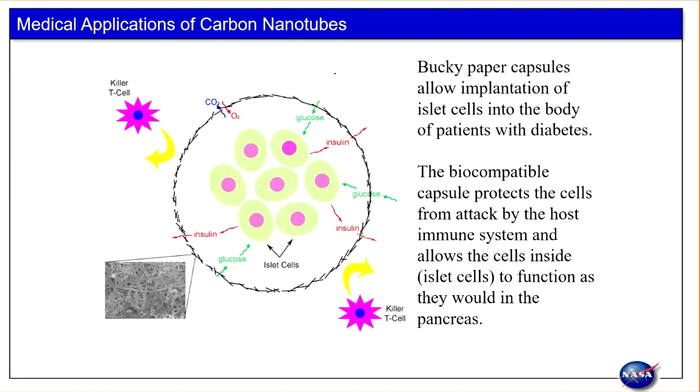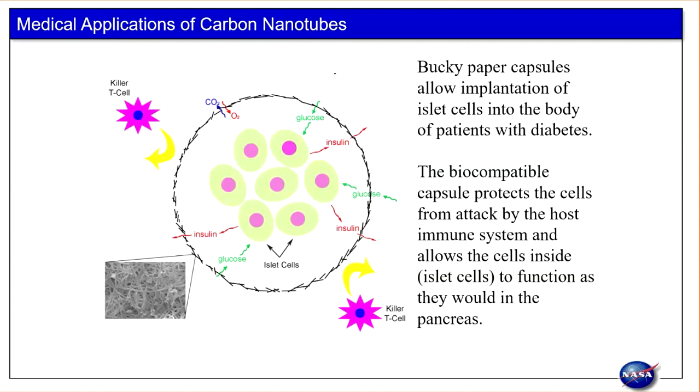The biocompatible capsules protect the cells from attack by the host immune system, in particular by immune system cells such as killer T cells, shown in pink in the upper left-hand portion of this figure and the lower right-hand portion of this figure. The capsule, because of the pore size, does not allow those immune system cells to enter the interior of the capsule.